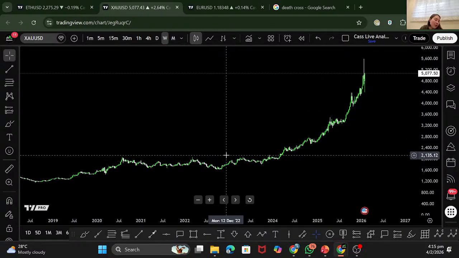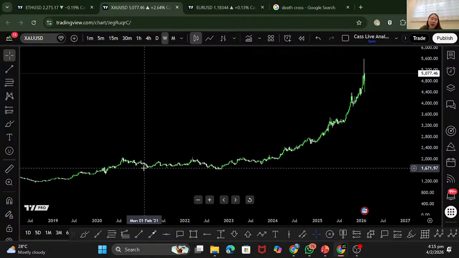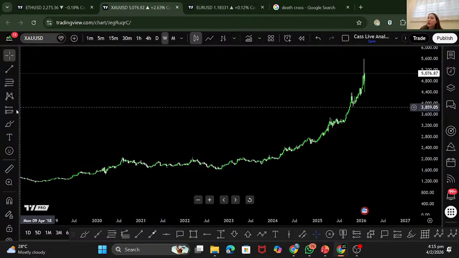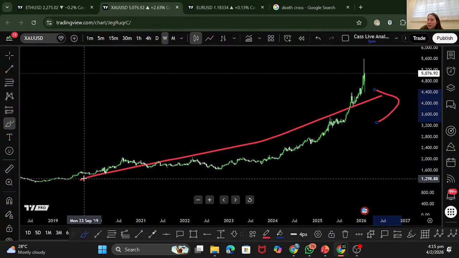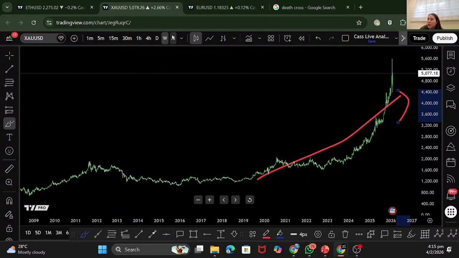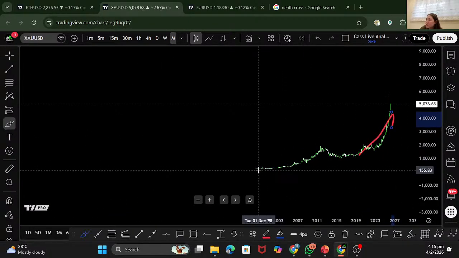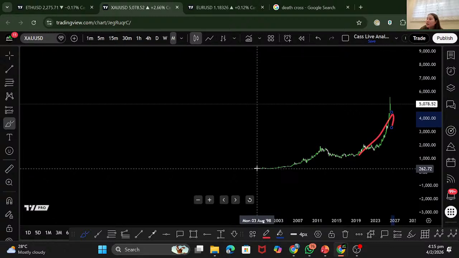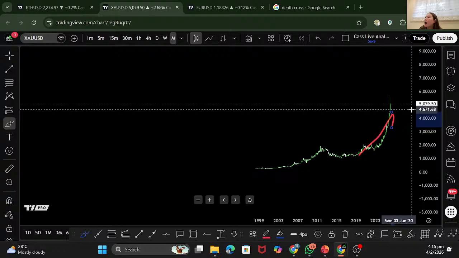I have this saying that if you just buy gold and forget about it, you are going to wake up one day and you would have made money, because gold is only moving in one direction, at least for the last 25 years, since they started tracking gold.